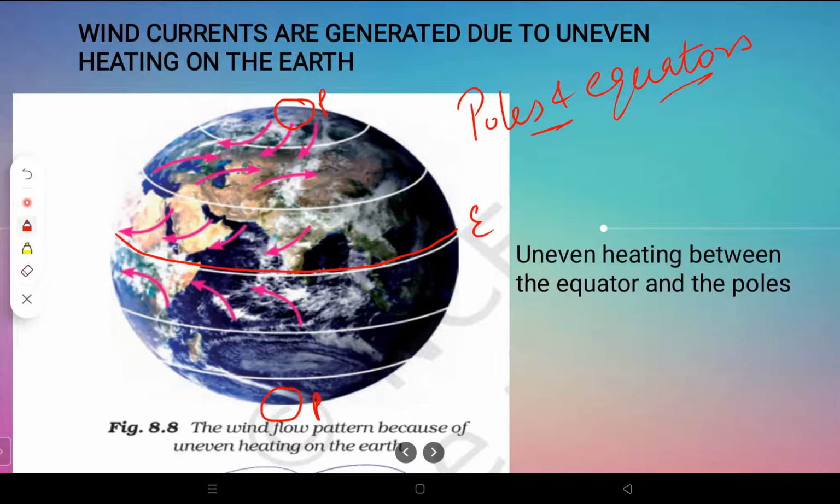Now, as you know, the equator gets maximum heat from the sun, due to which the air in this region gets warm. The warm air rises and the cooler air from the region of the poles takes its place.